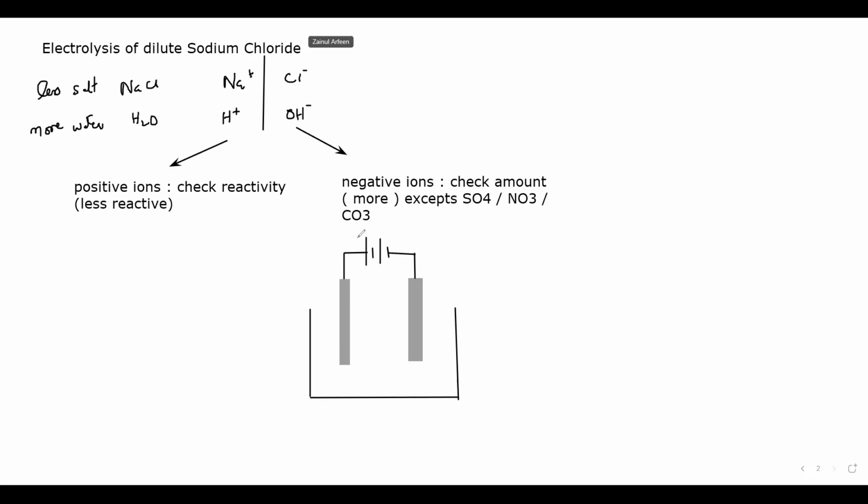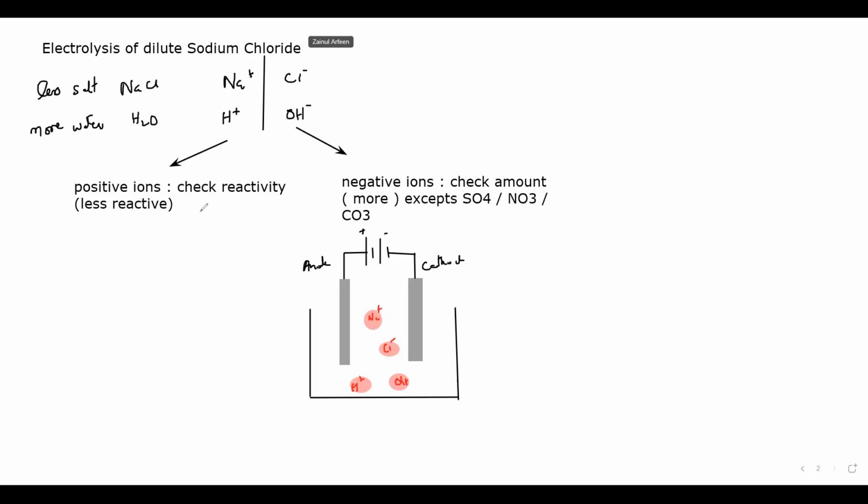The one which is connected with the positive terminal of the battery is called anode, and the one which is connected with the negative terminal is known as cathode. Now what are the ions present here? We have sodium ions, chloride ion, hydrogen ion, and hydroxide ion. There will be many ions, but I am drawing only one for each type.